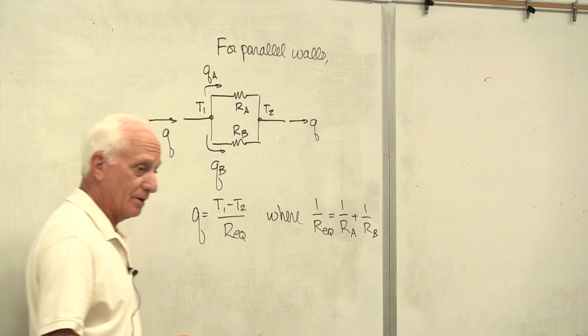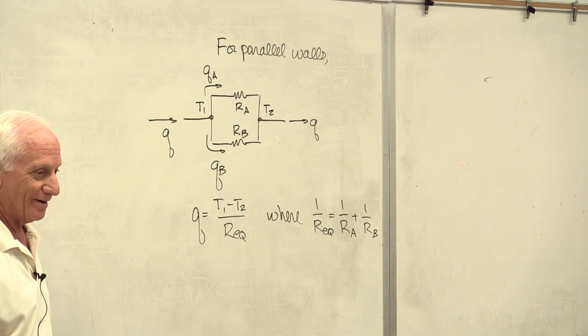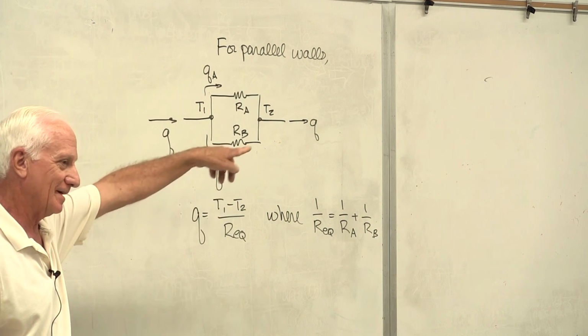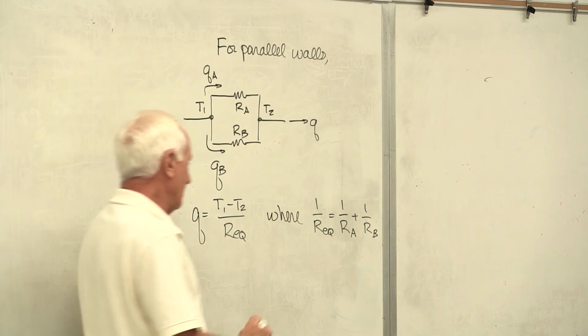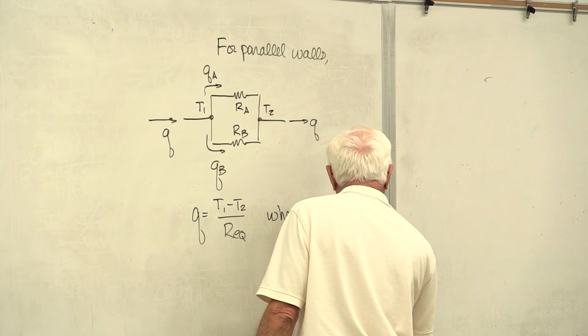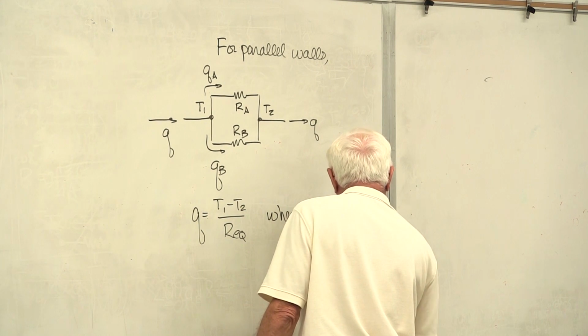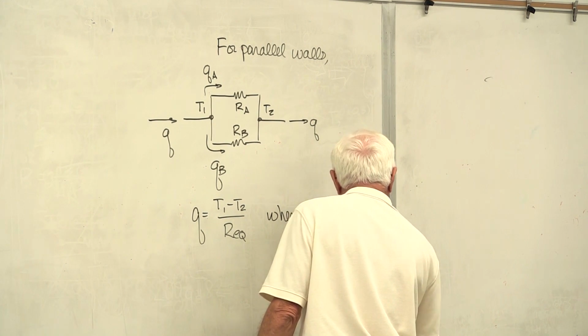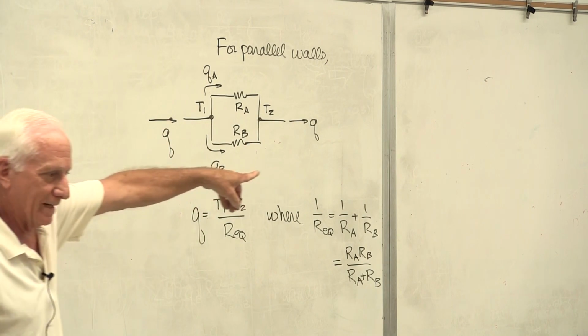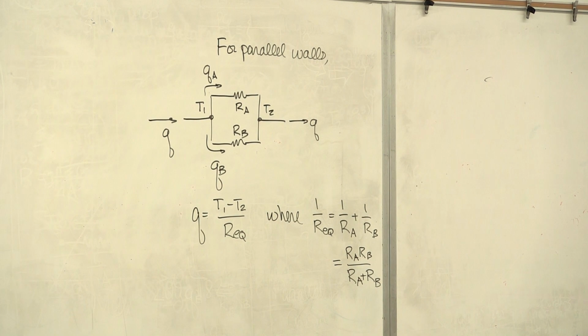If there's a third material in parallel, RC, then you have plus 1 over RC, and so on, and so on. If you want to combine these, it's RA RB divided by RA plus RB. And of course the R's are over there on the right side of the board. So that should be added to your notes.